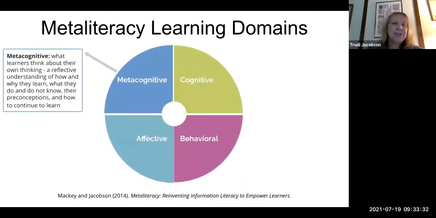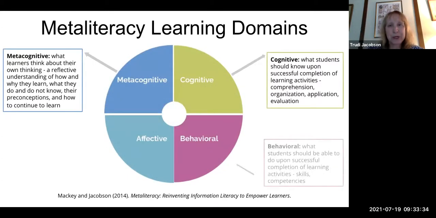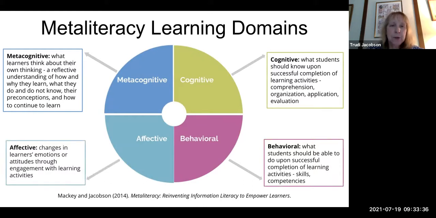So Tom mentioned the 4 learning domains, and you'll notice on the right-hand side, the cognitive, which is what students or learners would know upon completion of a learning activity, and the behavioral, what they'd be able to do. Those are ones that really are emphasized in learning and were emphasized in earlier models of information literacy.